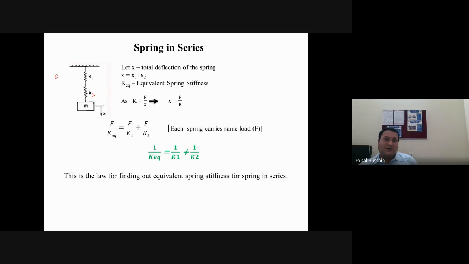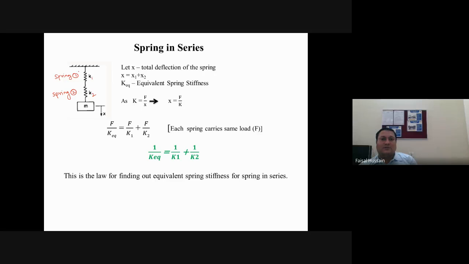This is your spring 1 and this is your spring 2. So spring 1 having stiffness K1 and spring 2 having stiffness K2. At one end there is a mass attached, and displacement is in the downward direction.